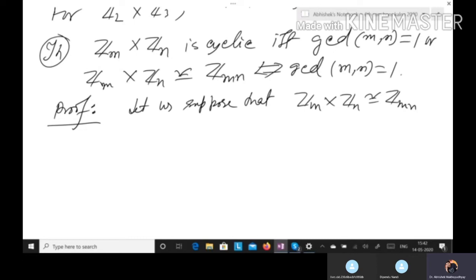So let GCD of m, n be d. We prove that d is 1.